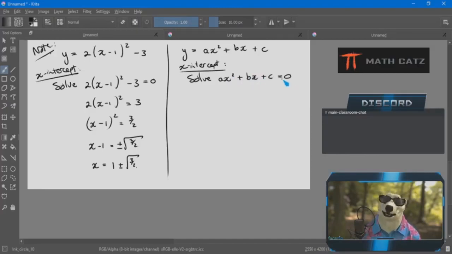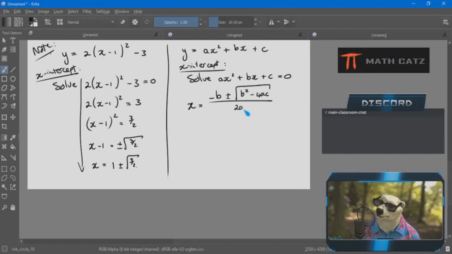Now, if you go through the whole song and dance, completing the square from this general form, getting it into standard form, then doing this same thing, you're going to get what we call the quadratic formula. Negative b plus or minus square root of b squared minus 4ac over 2a.